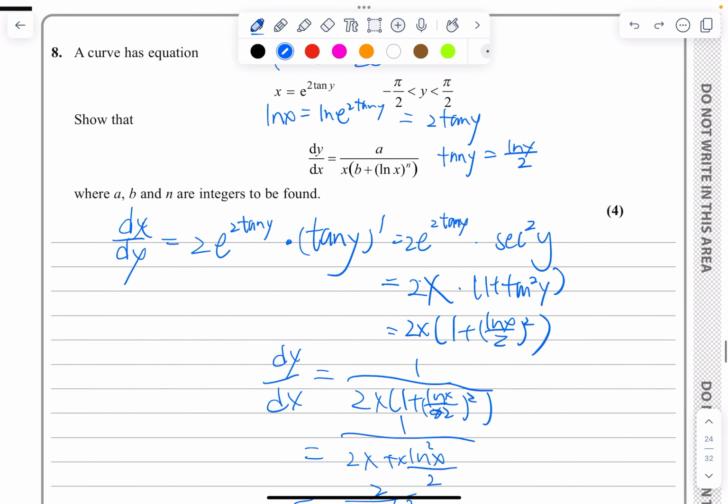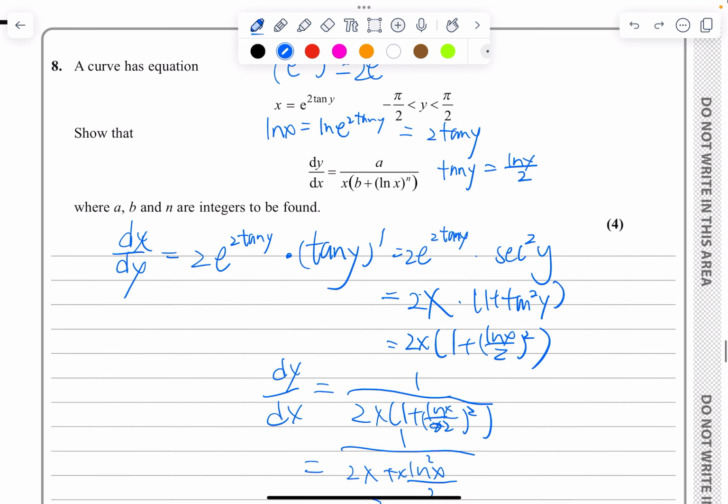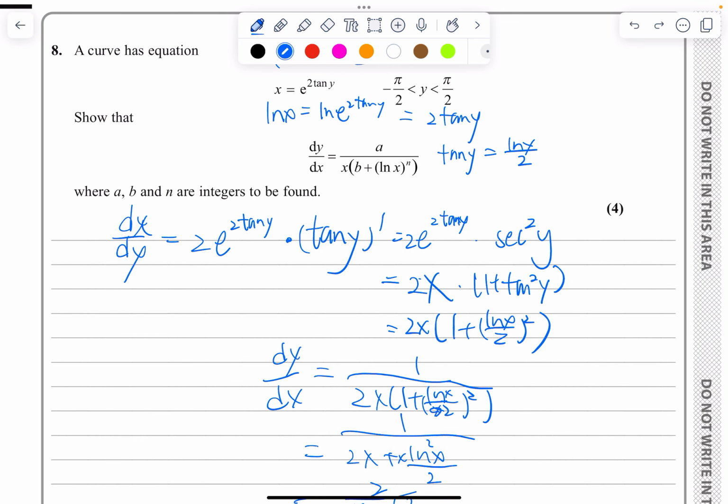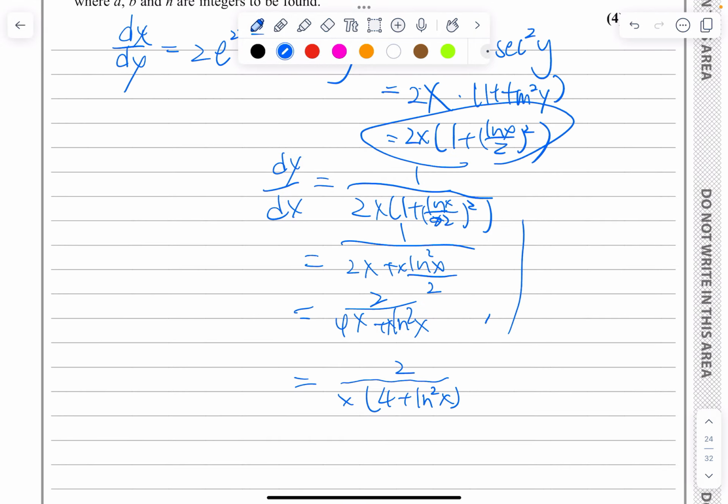Then we can find out that tangent y is actually ln x over 2 by this, and then we can transform this into this. We were actually finding dx over dy, right? So how do you find dy over dx? We can just flip this over. And then these are just algebra, filler algebra, not that hard.